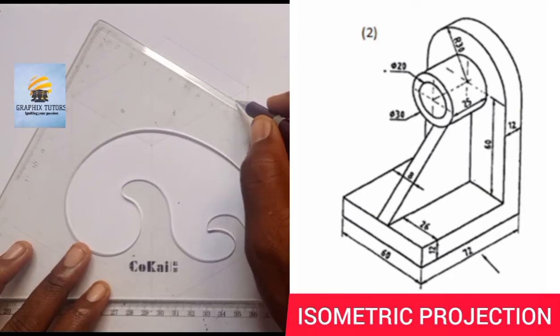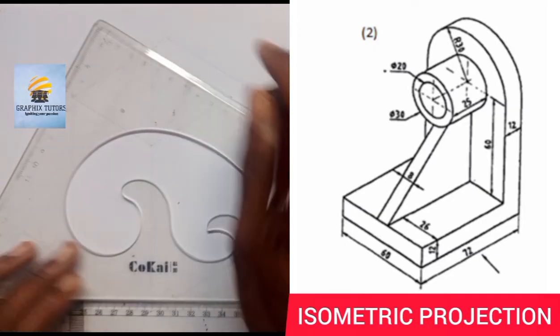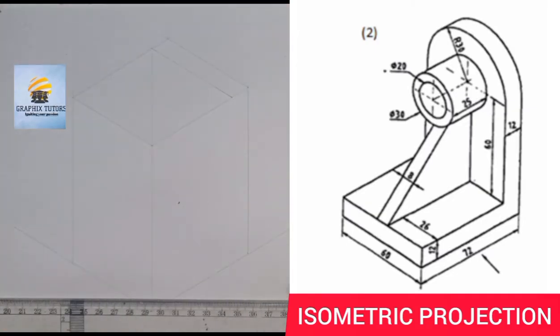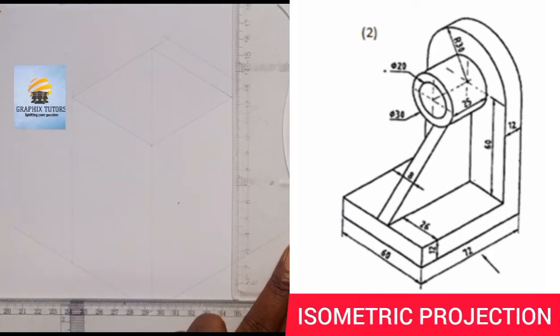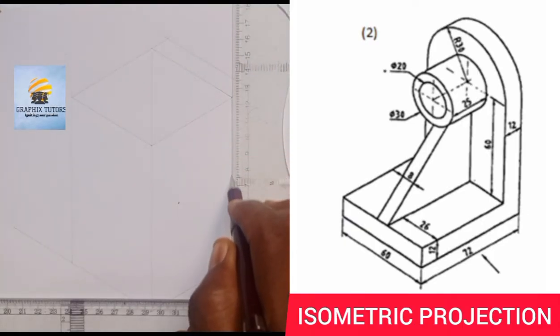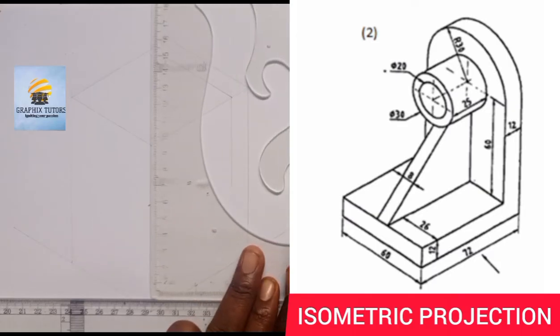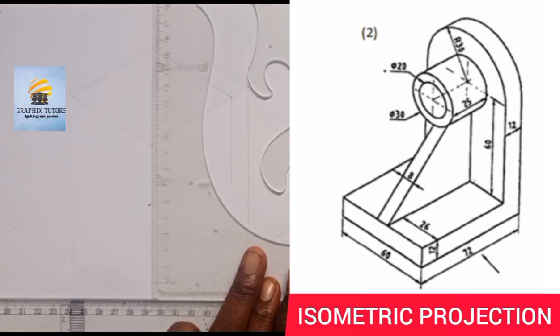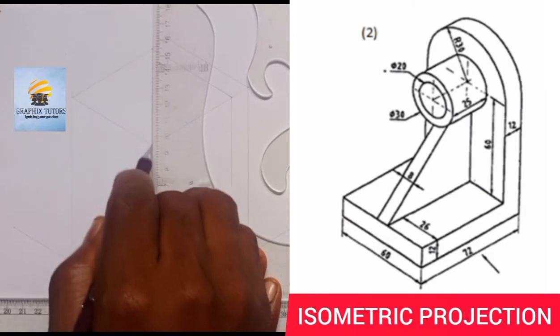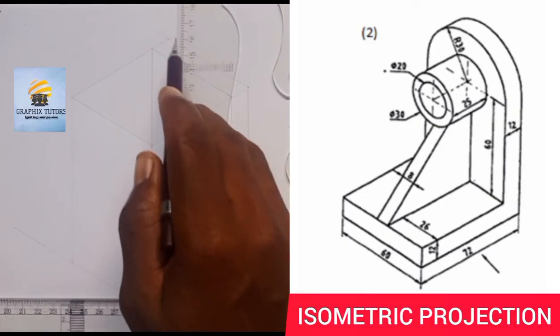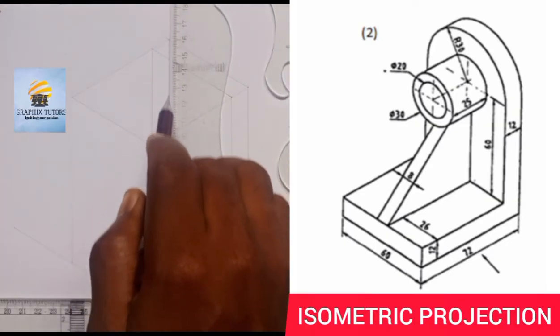On this point, draw a faint line, and also bring it straight down a little bit.